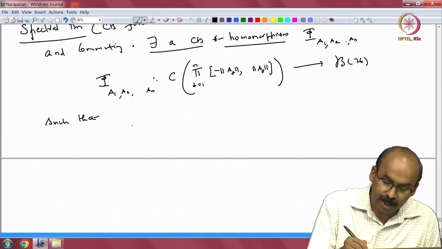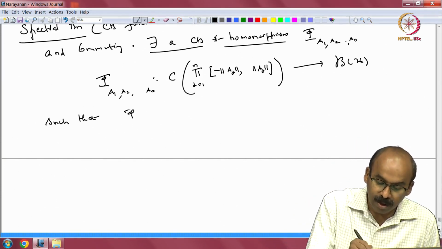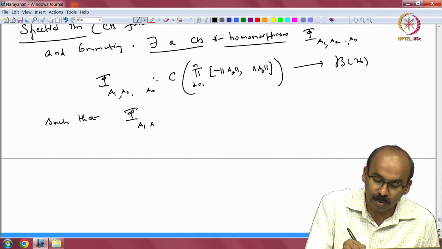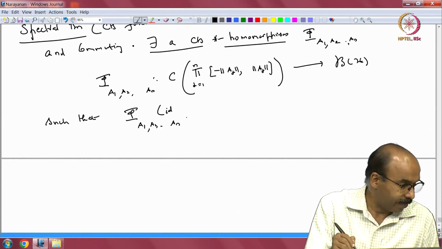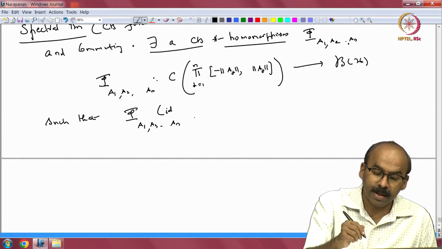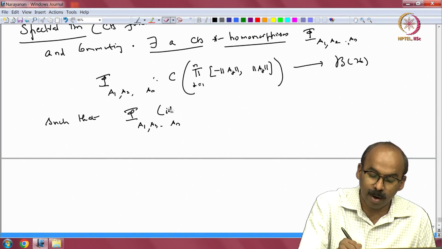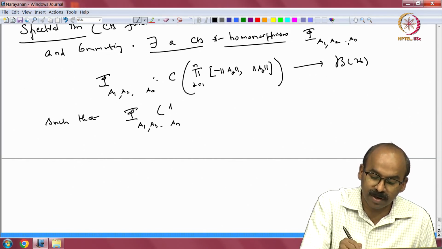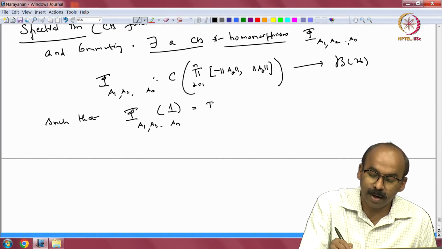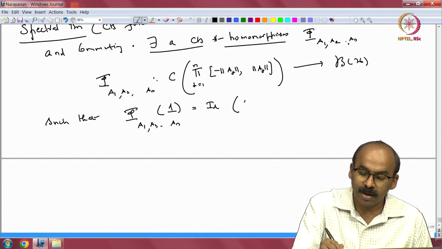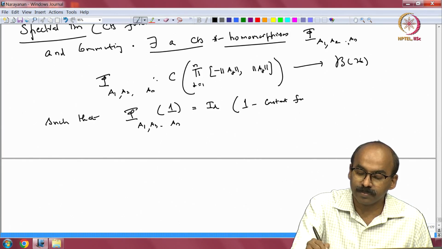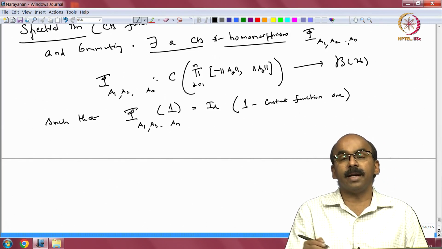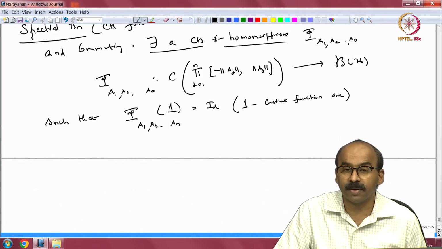So, let me write down that phi of a1 a2 etcetera a n applied to the constant function 1 is the identity operator, because 1 is the identity for the algebra of continuous functions on the space.